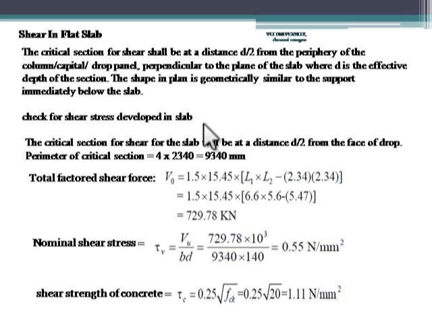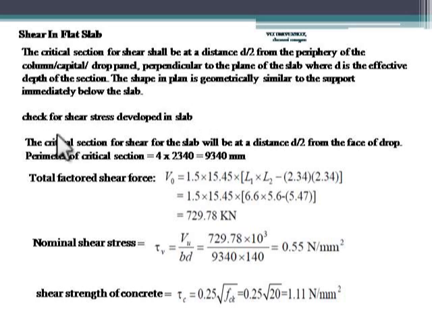And the shear in flat slab. For shear in flat slab, the critical section for shear shall be taken at d by 2 from the periphery of the column, or we can say the drop panel, perpendicular to the plane of the slab, where d is the effective depth of the section and the shape in plan is geometrically similar to the support immediately below the slab.